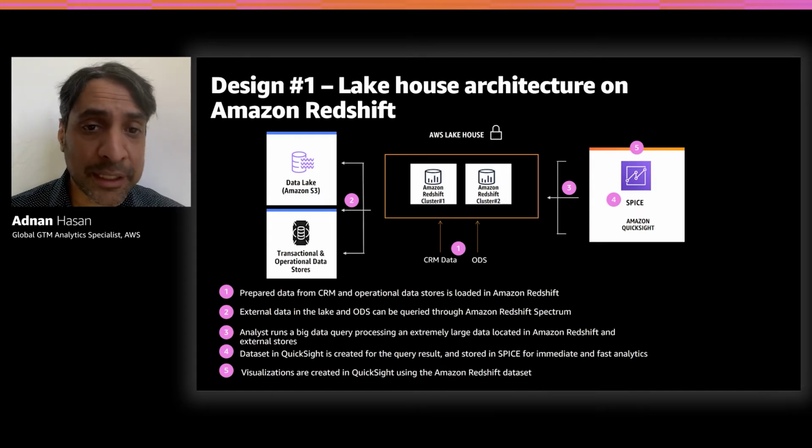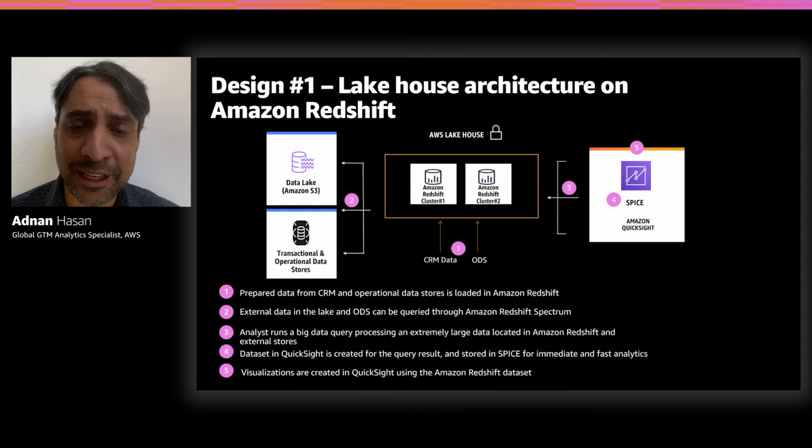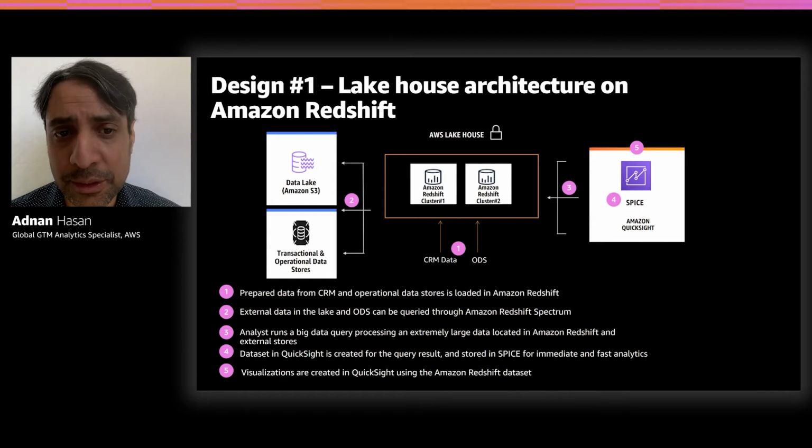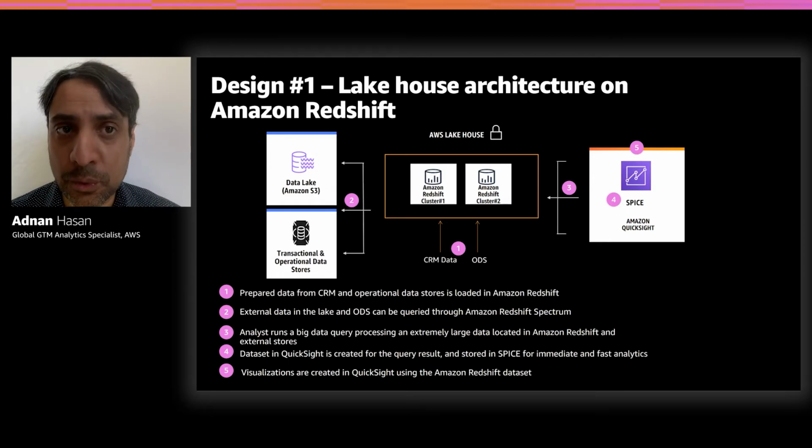Analysts can run big data or large-scale data queries directly from Redshift, querying both the data in the lake as well as data in Redshift. So you don't have to worry about querying data in the lake separately. Everything could be done through one system.